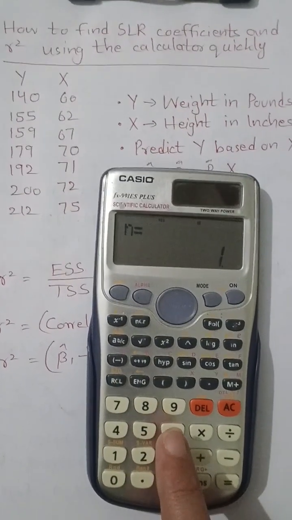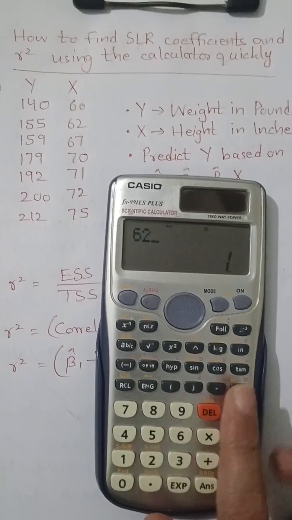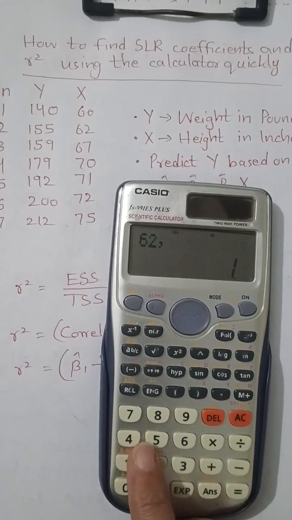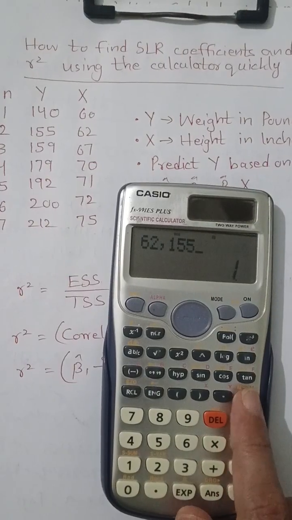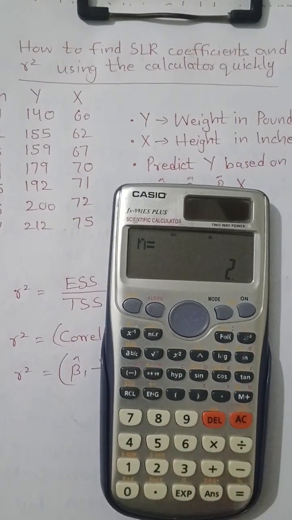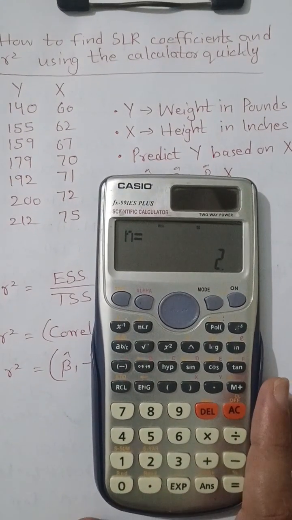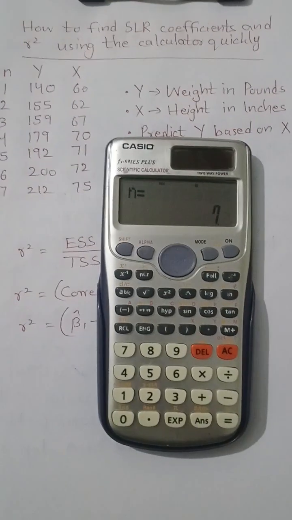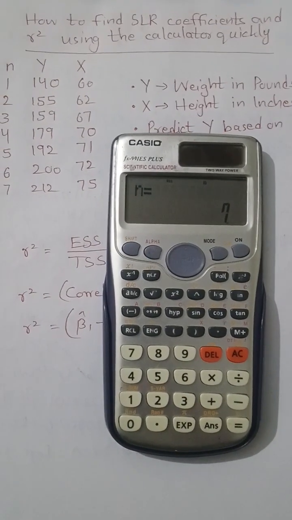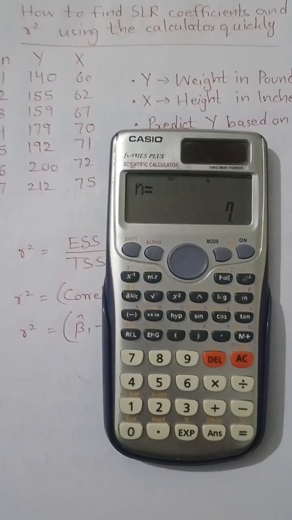Then the next value of x, which is 62, press comma, then press 155, and then press M plus. Similarly, do the same thing for all the 7 observations. Now I have entered all the 7 observations of x and y variables.